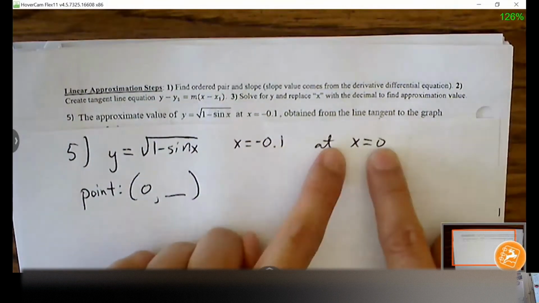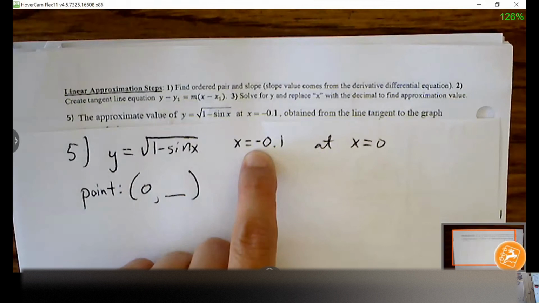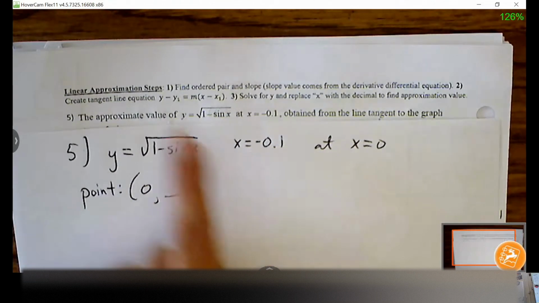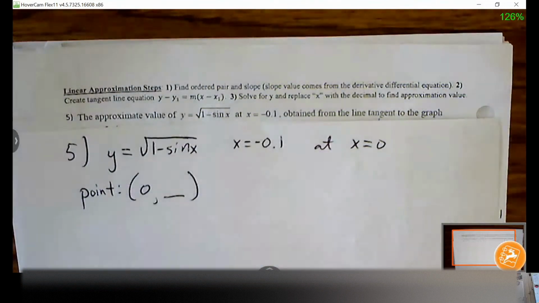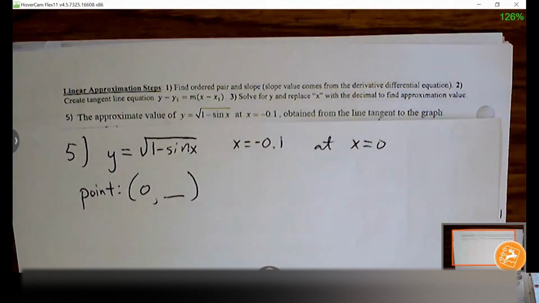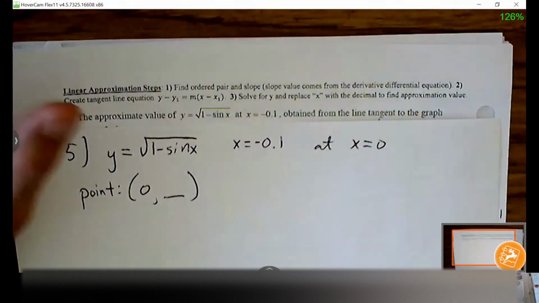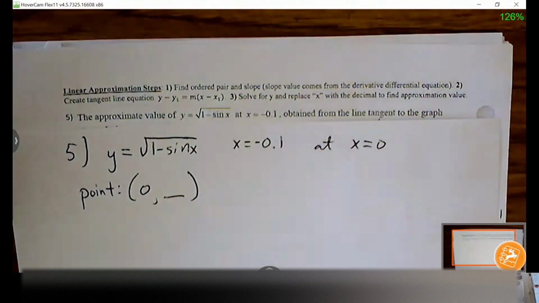We're going to create the tangent line first, and then the decimal is what we're going to dump into the original expression. That's where the approximation comes in, but we never do that until we actually have an equation to work with. So anytime you see a decimal, that's the very last thing that you touch. You don't touch that at the beginning.